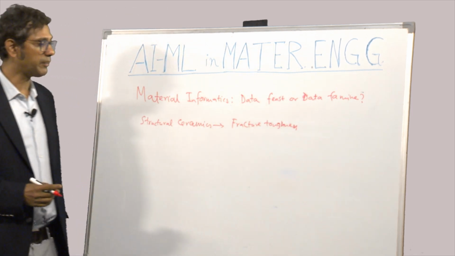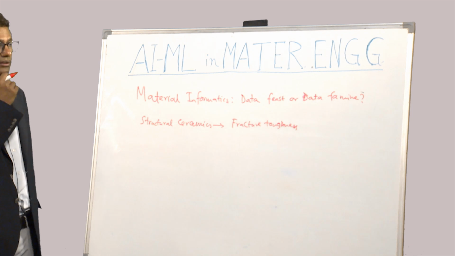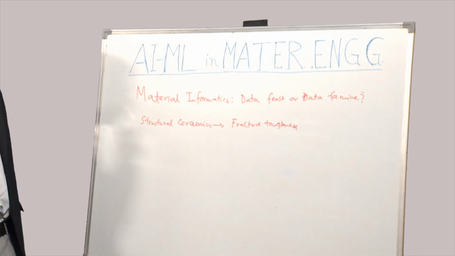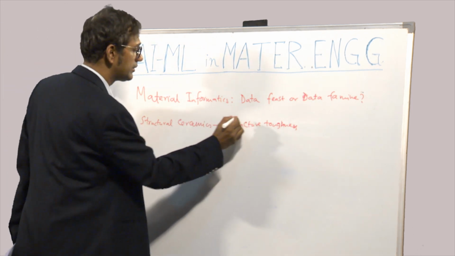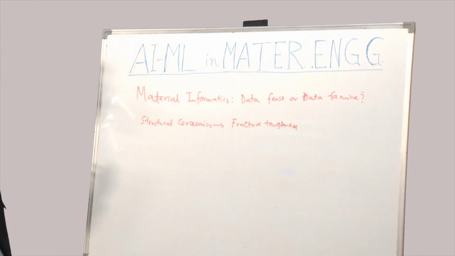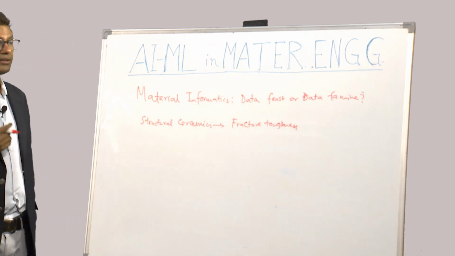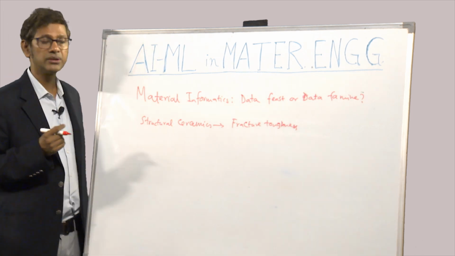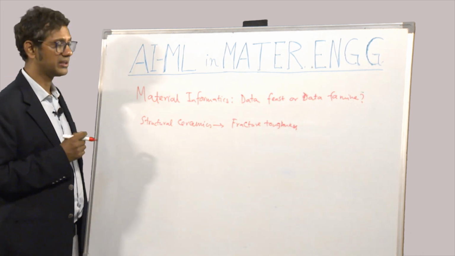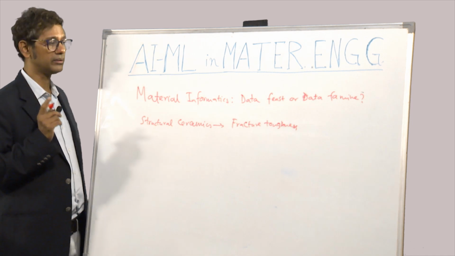Even for implant applications, fracture toughness is very important. You know, measuring fracture toughness is not an easy job. It takes a lot of effort to measure fracture toughness of brittle materials, because the quality of data, as we discussed in the last lecture, is very important.